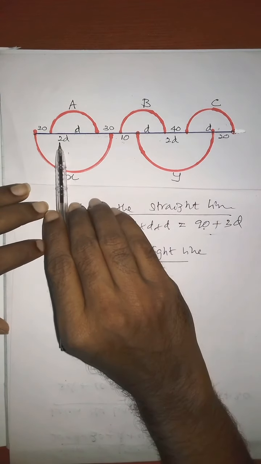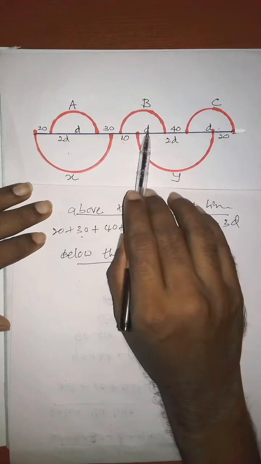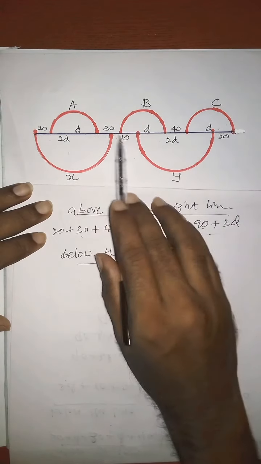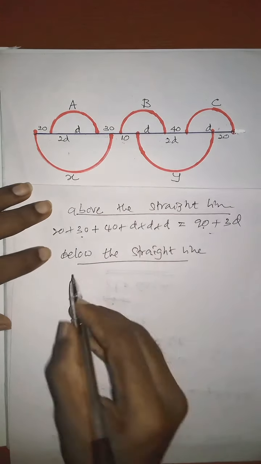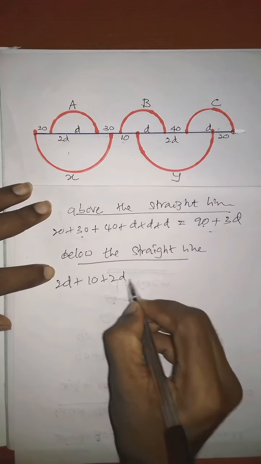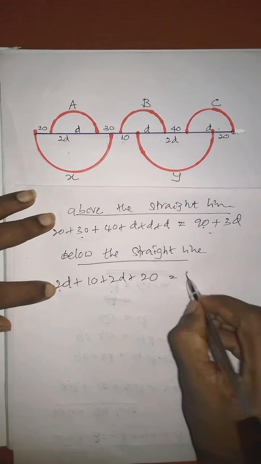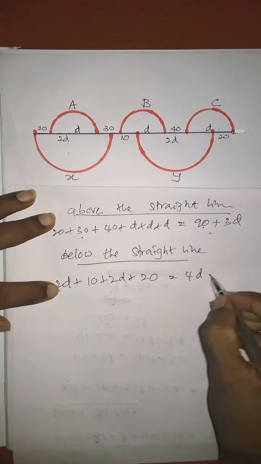That is this part 2d, this part 10, this part 2d, this part 20: 2d plus 10 plus 2d plus 20. This equals 2d plus 2d is 4d, and 10 plus 20 is 30.